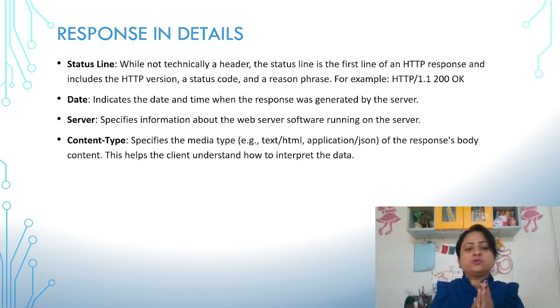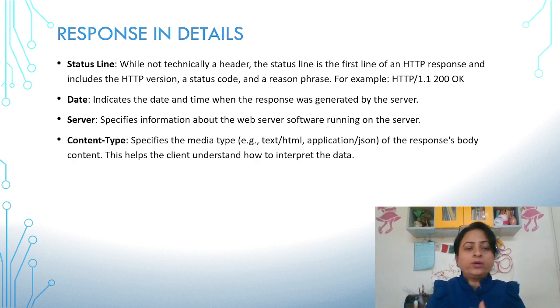Then content type is the media type of the response body. If content type is text slash HTML, that means you are getting HTML data. Application slash JSON means JSON data. Application slash XML means XML data.